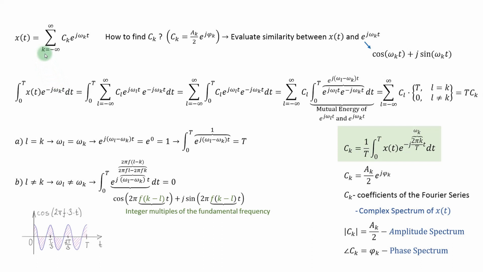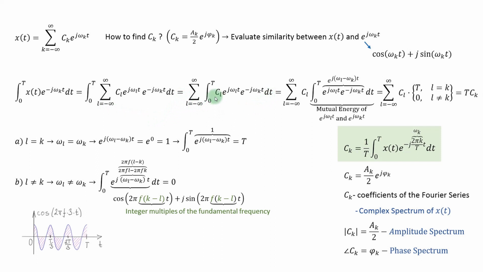So not to get these two k's mixed together, here I used a different letter in this sum. Now, I will change the order of the integration and summation. As long as this sum converges, I'm allowed to do that. And when I change the order of these two operations, I will get this.